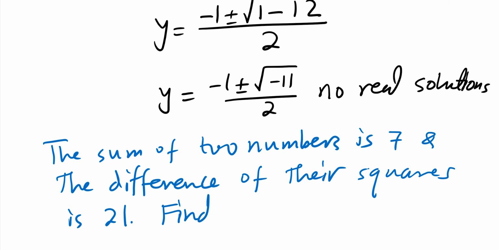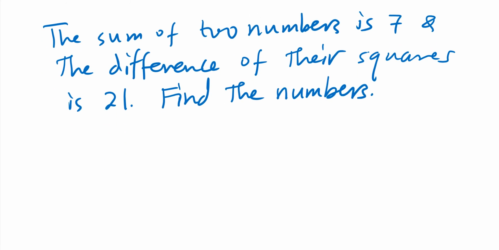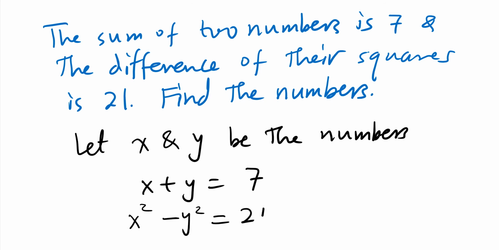Find the numbers. So the two numbers, call them x and y. So let x and y be the numbers. So their sum, x plus y, is 7. The difference of their squares, so x squared minus y squared, is 21.